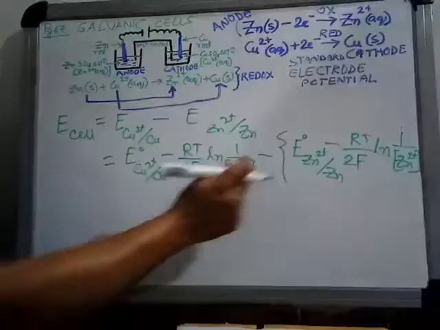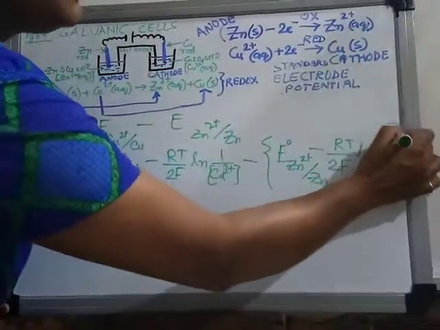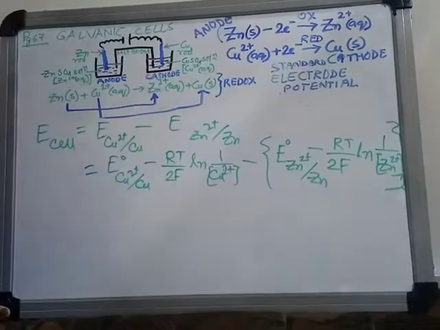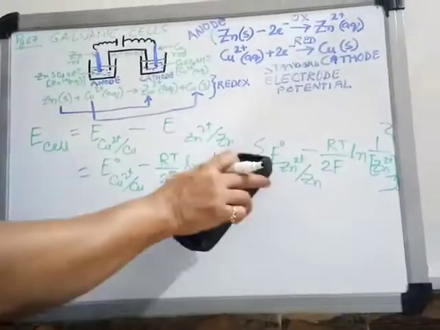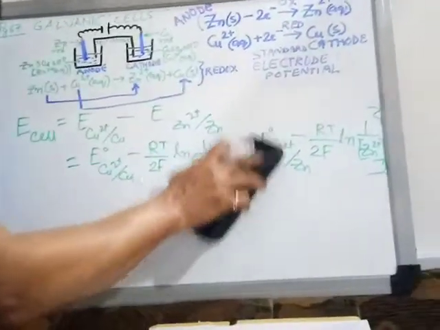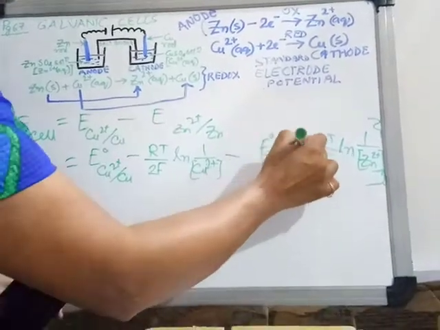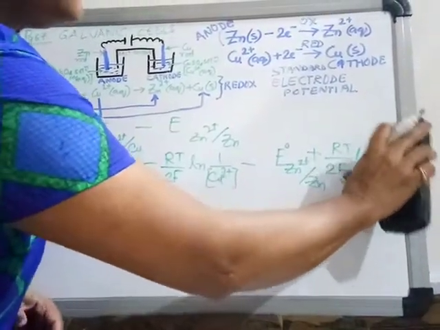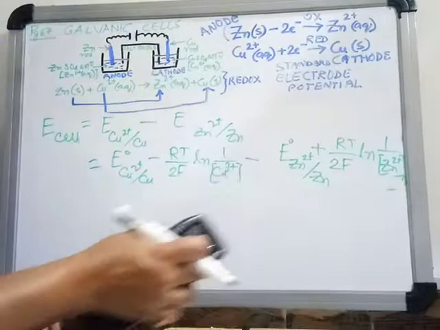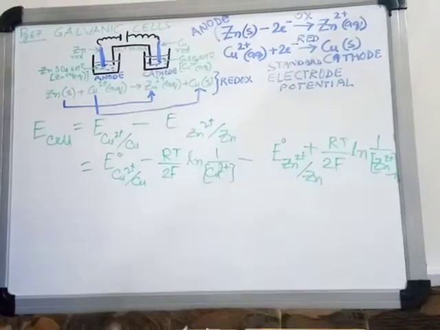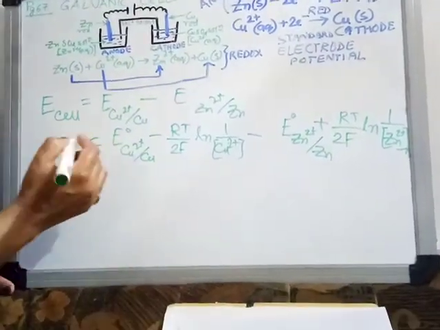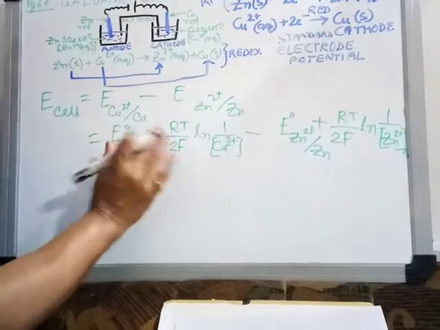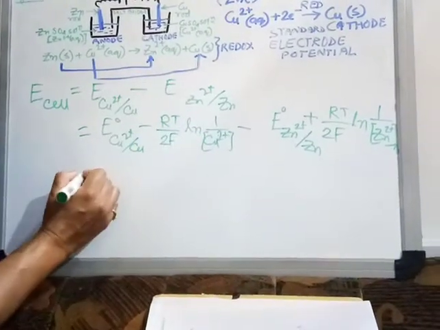Then if we remove this bracket, this remains minus and this will become plus. So we have removed the bracket, that is the next step. Then this portion we will club with this one.